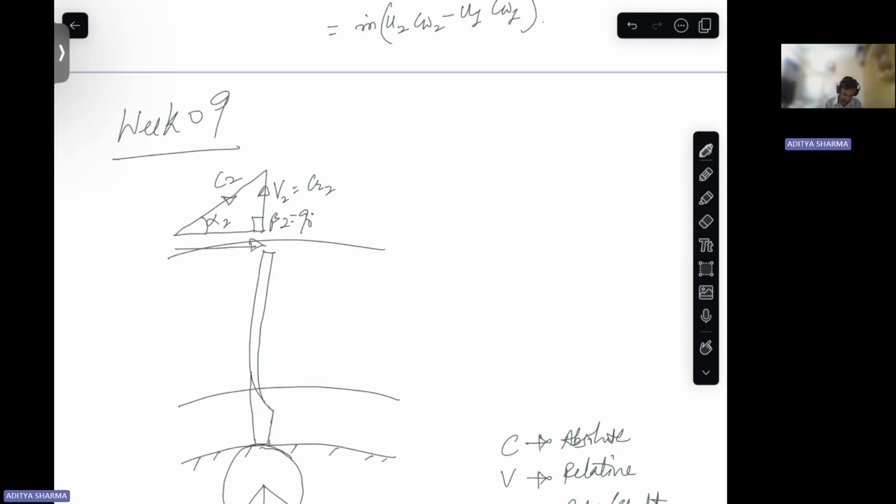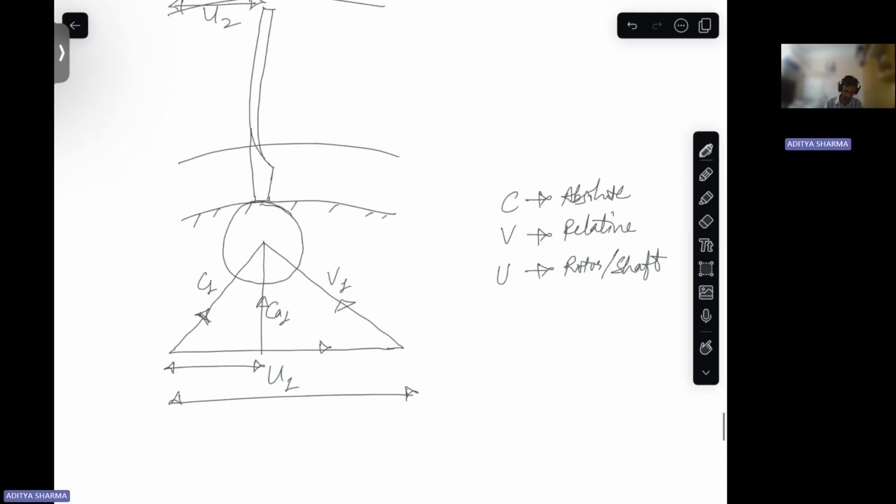And this is your U2, your blade velocity. And then alpha and beta are given. So alpha is between your U and C, and beta is between your V and U. So if you see here, this is alpha 1, this is beta 1.